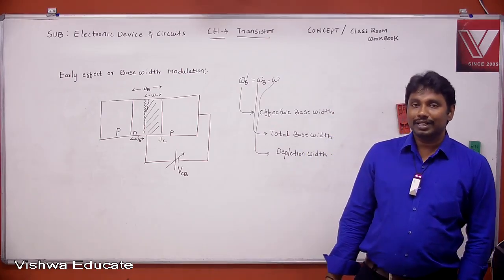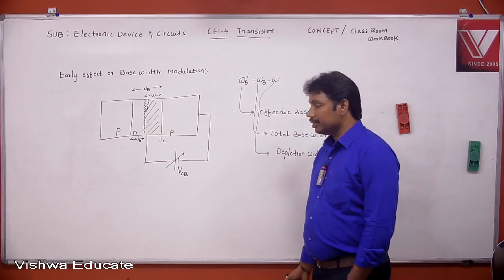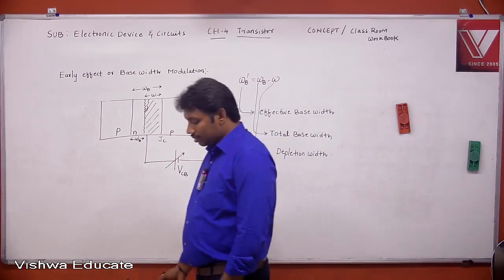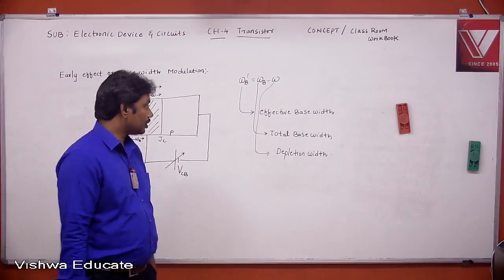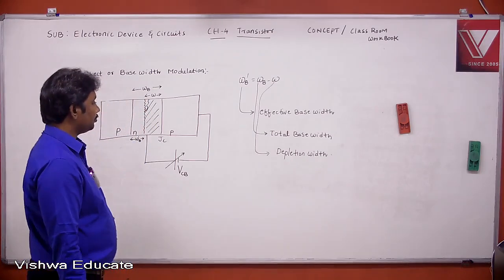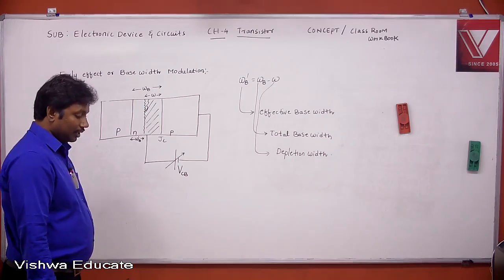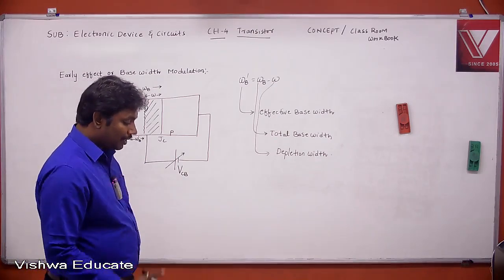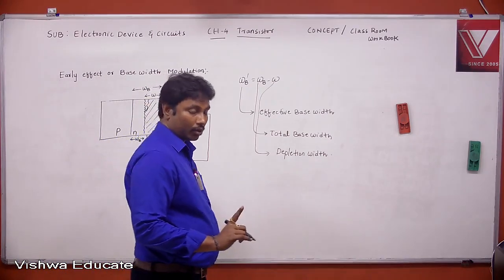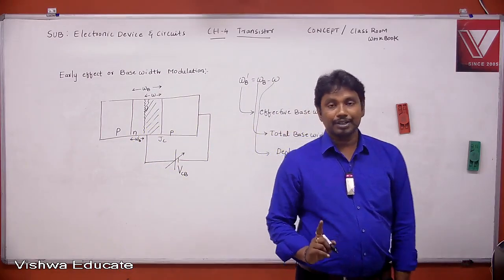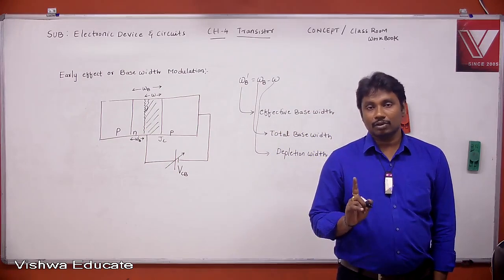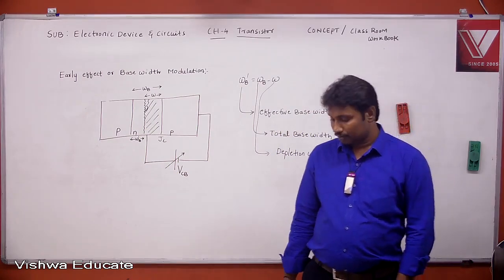Write on the notes. When the reverse voltage is increased at the collector junction, then the depletion region increases across the junction. Next point.